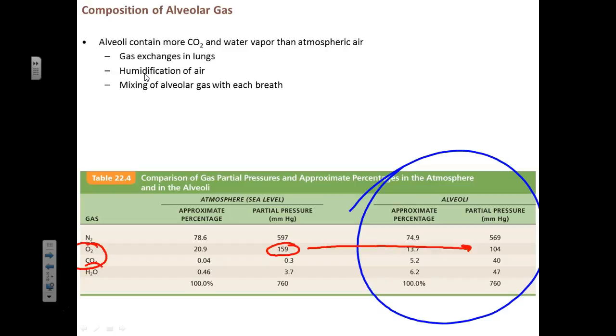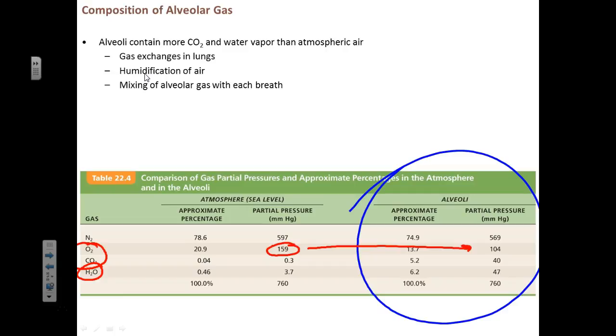It kind of makes sense, right? Because in alveoli there's constant exchange between the air and the blood. So oxygen goes back and forth, carbon dioxide goes back and forth. Since carbon dioxide gets out of the blood, its concentration is slightly elevated.